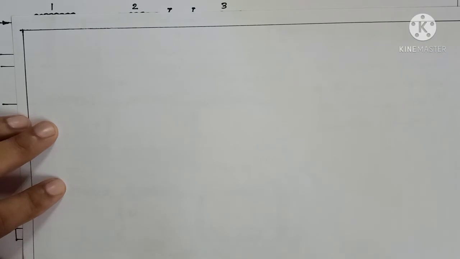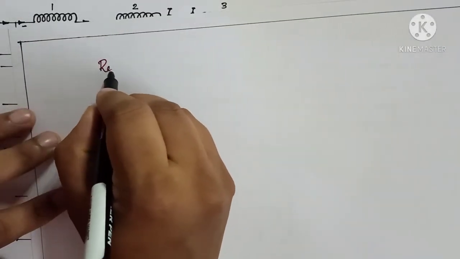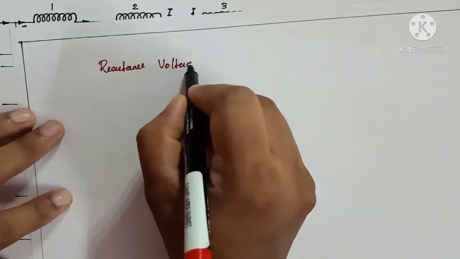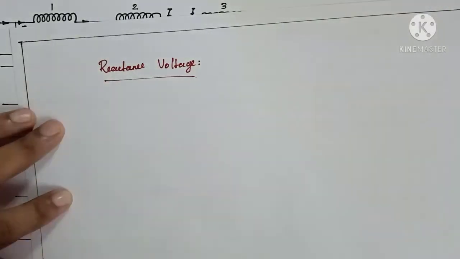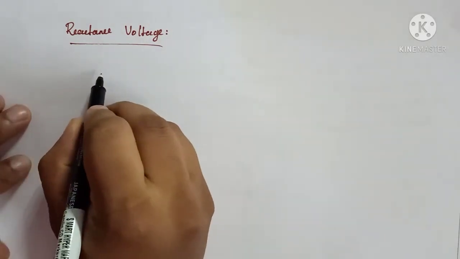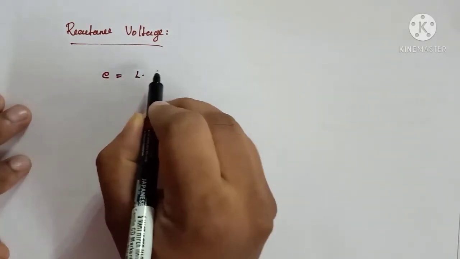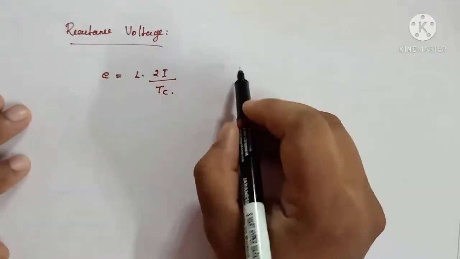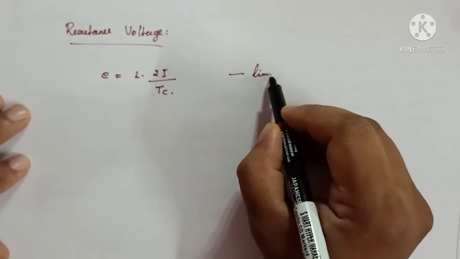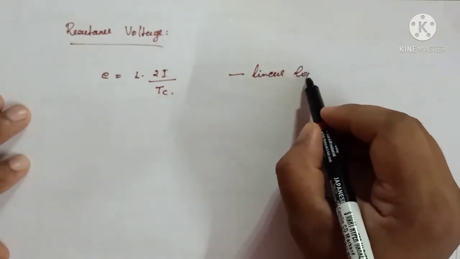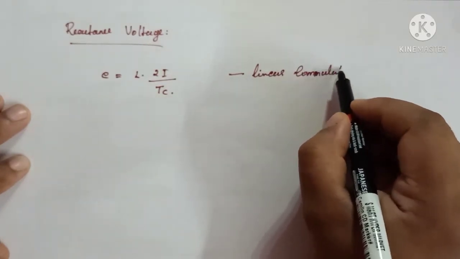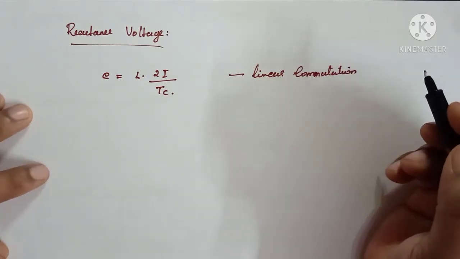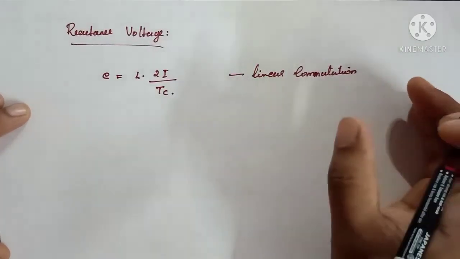Reactance voltage E is equal to L into 2I by Tc for linear commutation. Linear commutation means the commutation is good, the reversal of current takes place within the short circuit period.